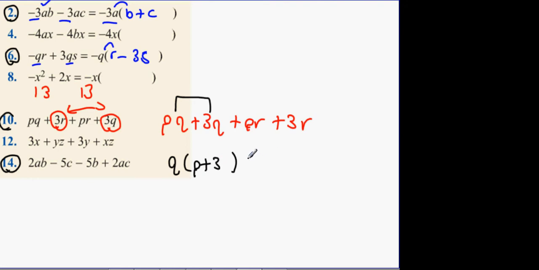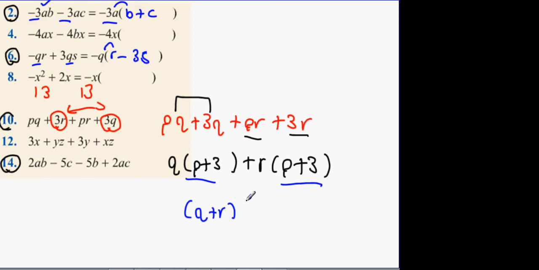Okay, plus what is in common to two of these? R into P plus 3. The same bracket exists in both of them. So what do we get now, guys? Q plus R bracket P plus 3. Okay, so that's one of the questions done there.